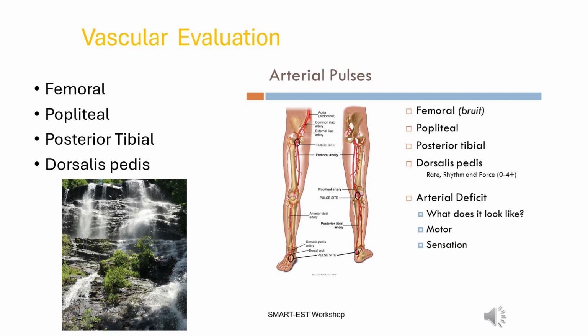The popliteal artery is in the posterior aspect of the knee in the posterior popliteal space. The posterior tibial artery pulse point is at the medial aspect of the ankle behind the medial malleolus, and the dorsalis pedis pulse is on the top of the foot in the region between the first and second metatarsals.